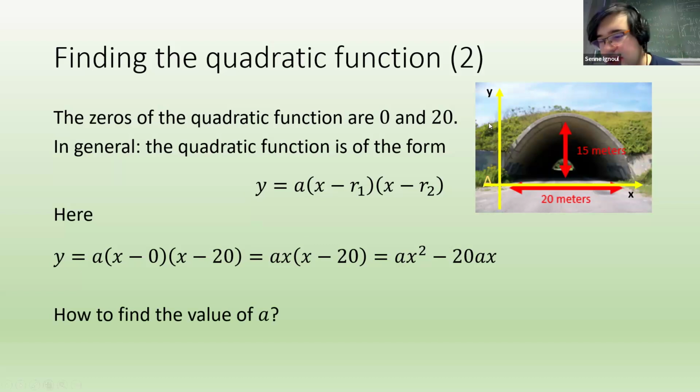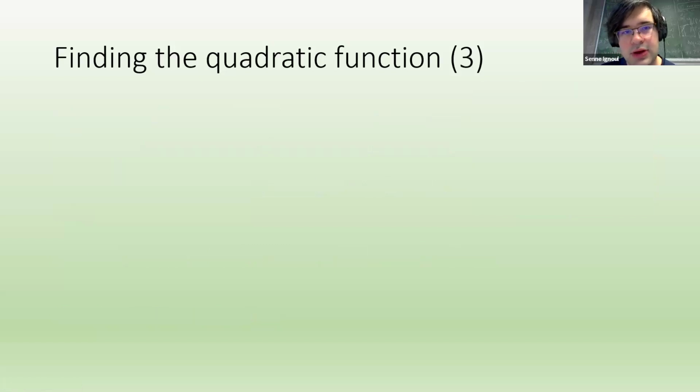Well, looking at the time, I will go a bit quicker and I will just tell you. What we've already used is that we have the roots here, so we already used that this is 20 meters wide. But what we have not used yet is that the parabola is 50 meters high. That's a given that we have not used, but is important for the shape of our parabola.